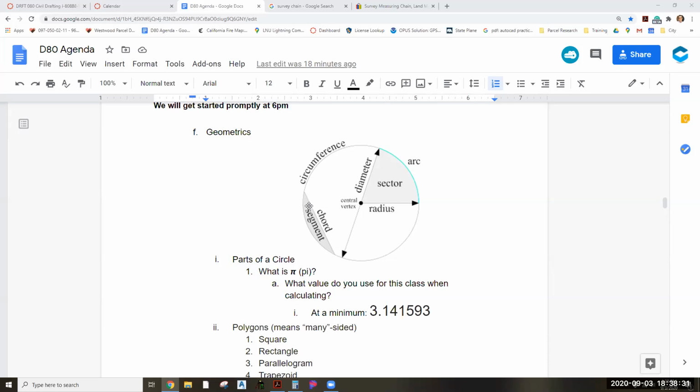And the area that is created by that chord is a segment. And lastly, the distance around the circle, all the way around the perimeter of the circle, is a different term called the circumference.